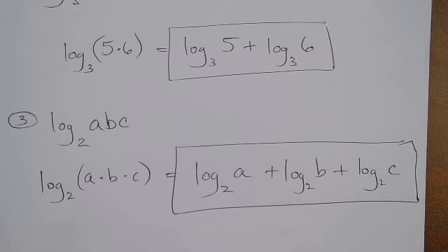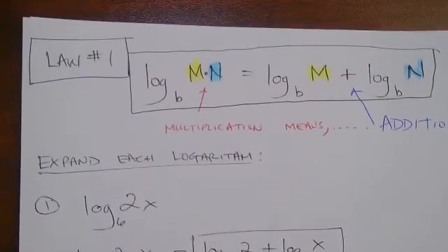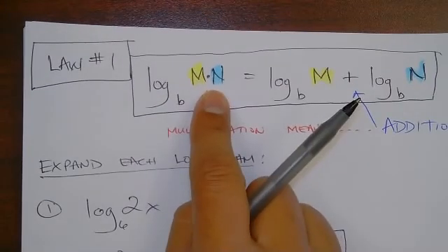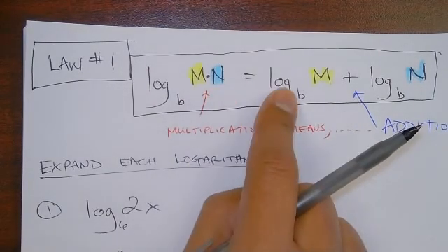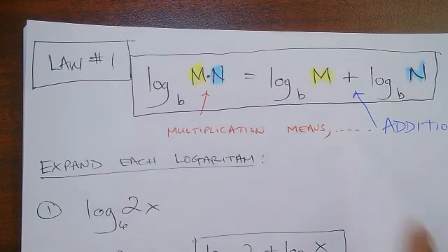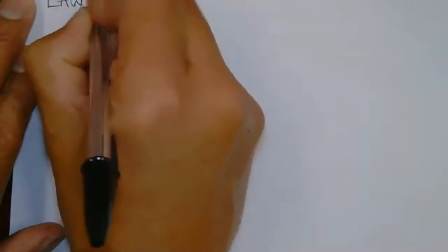By the time I tell you the third one, you're going to mix them all up. Don't mix them up. Multiplication expands to an addition. That's law number 1. Multiplication does not mean multiplication. It means addition. Okay, let's go to law number 2.